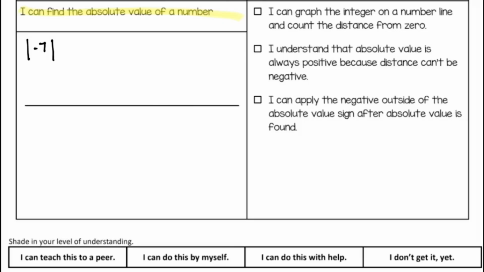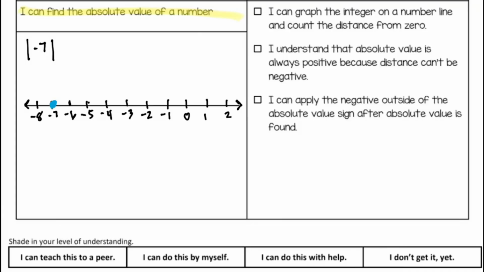I'm going to use a number line, and I'm going to plot the point negative 7 on my number line.